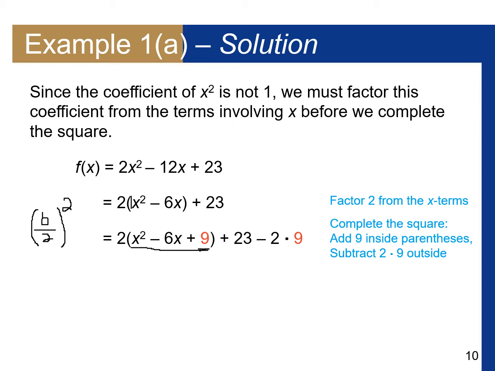The square root of x squared is x. The square root of 9 is 3. Actually, I'll just go ahead and write that up here. We have 3 and we have x. And then if we multiply them together and double it, doubling means multiplying by 2, I will get 6x, which is what I have in the middle. Okay, so this is my test to make sure this is a binomial square.